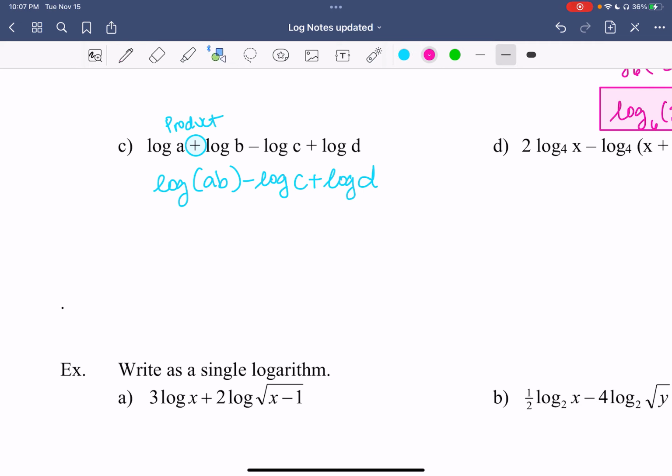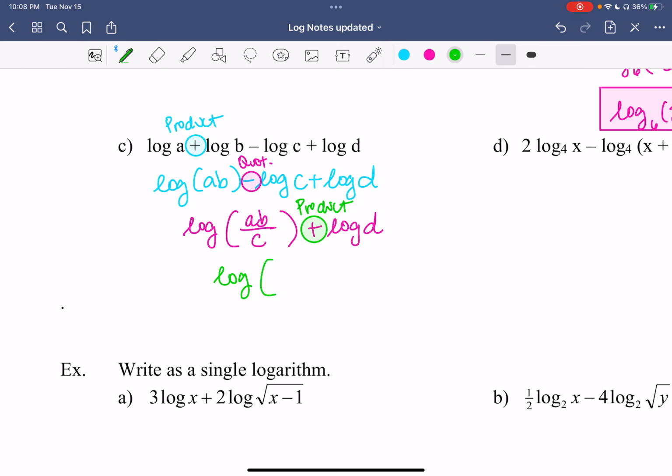The next law, I see a minus, so that's going to be the quotient law. So I'm going to divide A times B divided by C. Again, one at a time. We haven't used D yet, so just bring it down. The next law, I see a plus, so I'm going to use the product law again. So that'll be log of A times B divided by C times D.